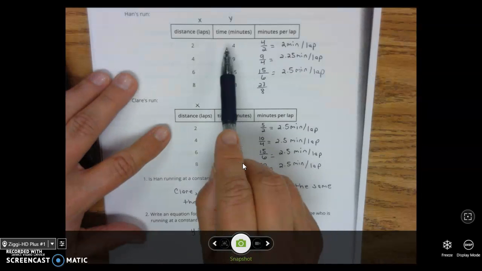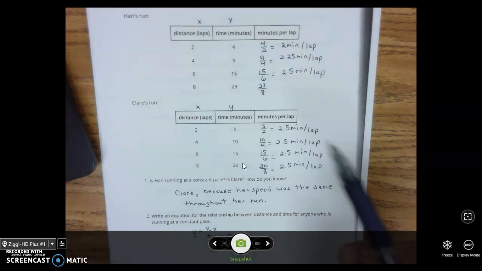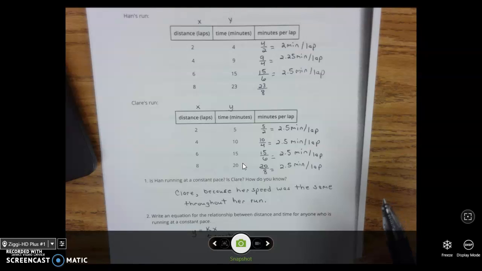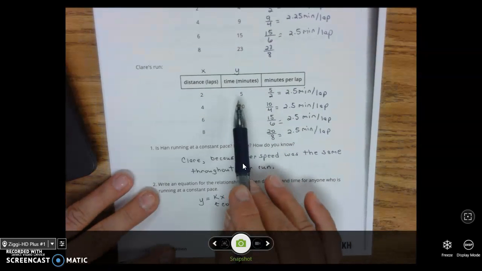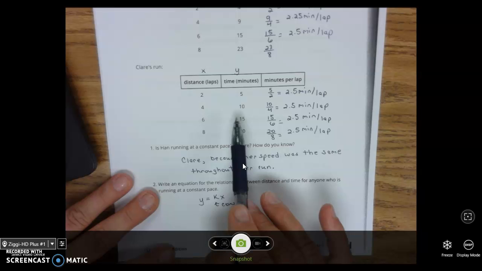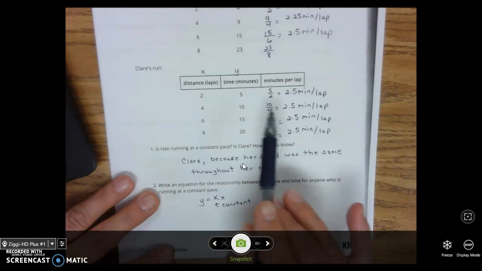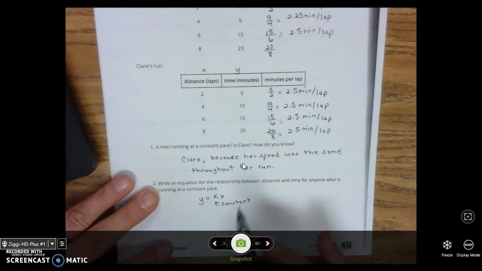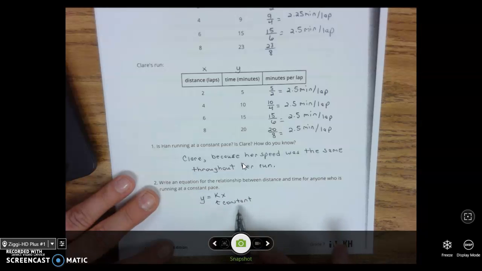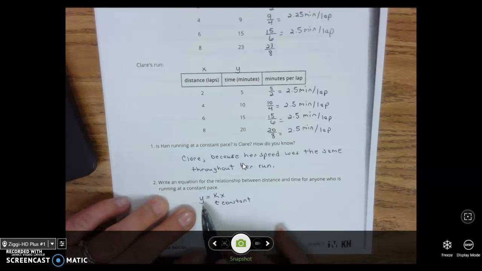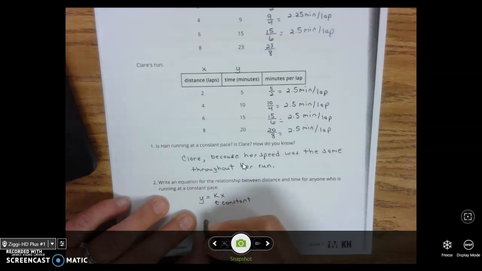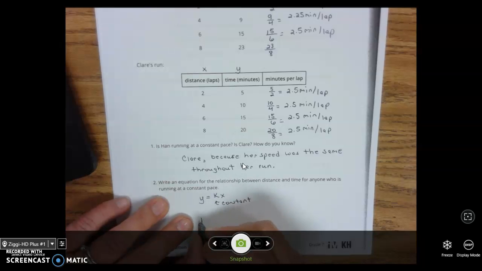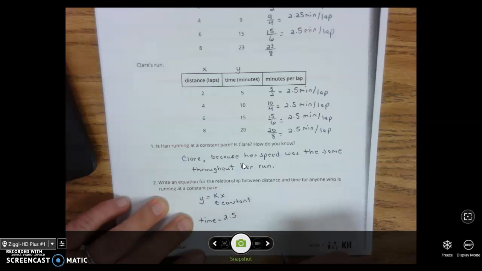4 to 2, 9 to 4 are not equivalent ratios. But in Claire's case, 5 to 2, 10 to 4, 15 to 6, these are all equivalent ratios, so we can write an equation, a proportional equation, which would be y equals the constant. So in this case, y was our time, and Claire's constant was 2.5 minutes per lap.